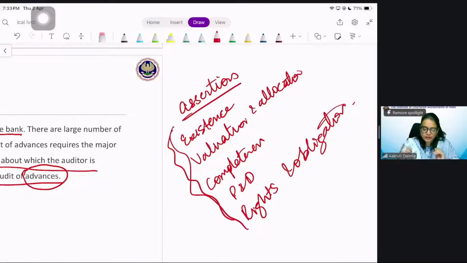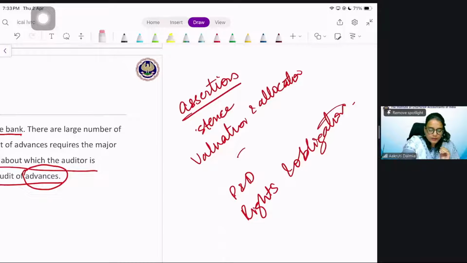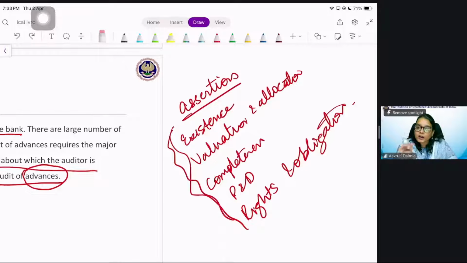If it is a balance sheet item, what all do I check? If it is a third category, like contingent liability, which is neither a P&L item nor a balance sheet item, you have to check the presentation and disclosure correctly. So what are the assertions to be checked?